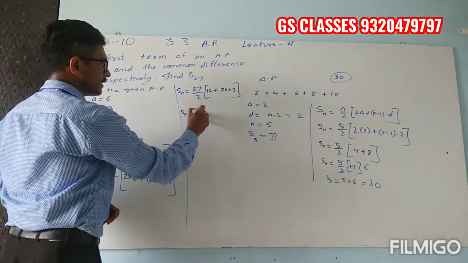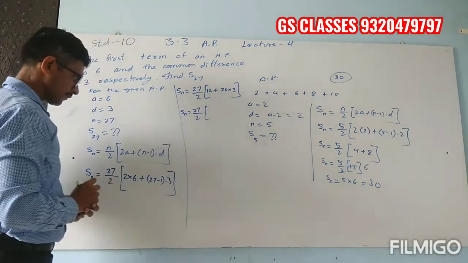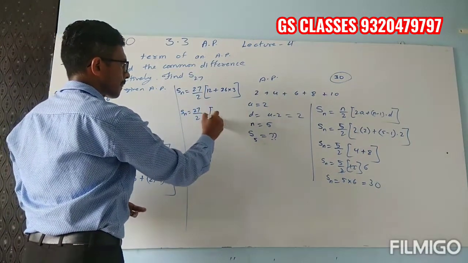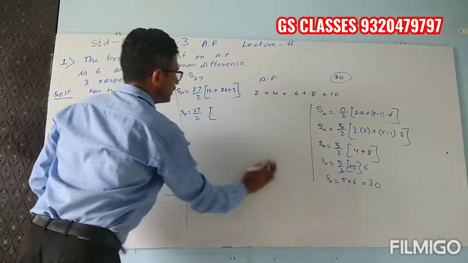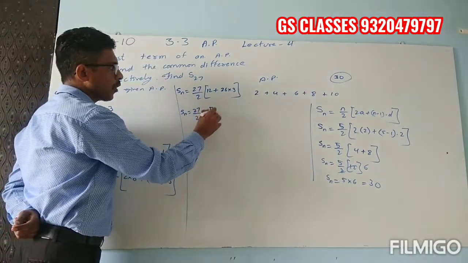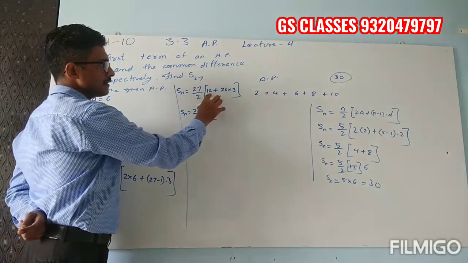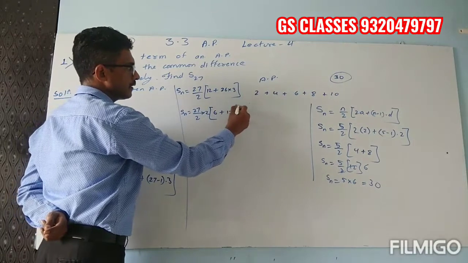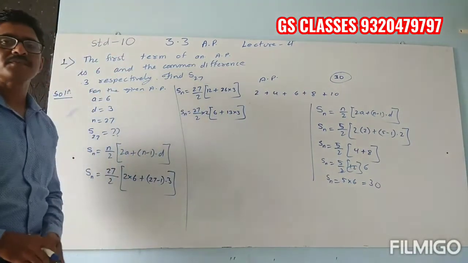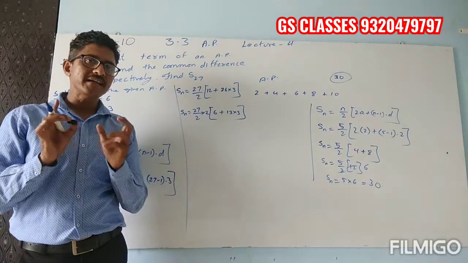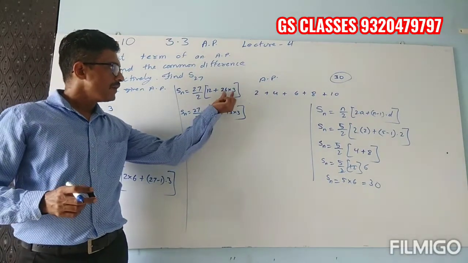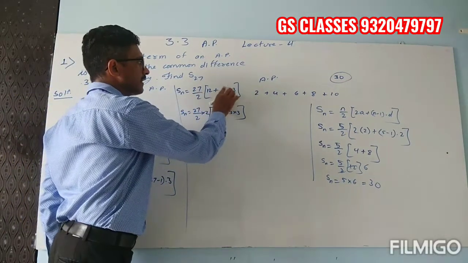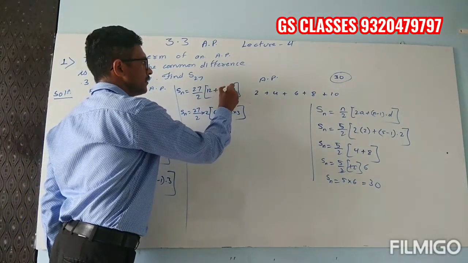Sn is going to be 27 by 2. Children, if I am taking 2 common, this 12 will become 6, 26 will become 13. It's like this. Now see what I did in this step. From here I can take 2 common, means 26 I can write as 13 into 2.